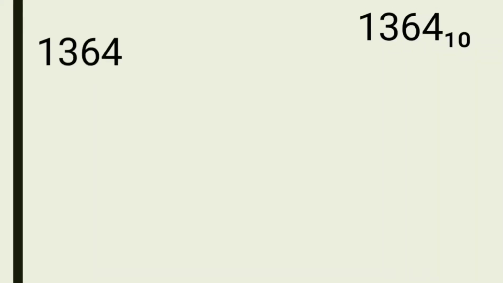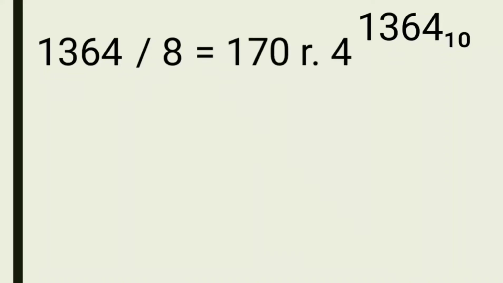Decimal to octal. Just like what we did earlier, we will divide the given decimal number to the base number of the number system that we are going to convert it to. Instead of dividing it to 2, we are going to divide it to 8 because we are going to convert it to octal number system. Get the quotient and the remainder. To get the remainder, we should multiply 8 to the quotient, then subtract it to our dividend.